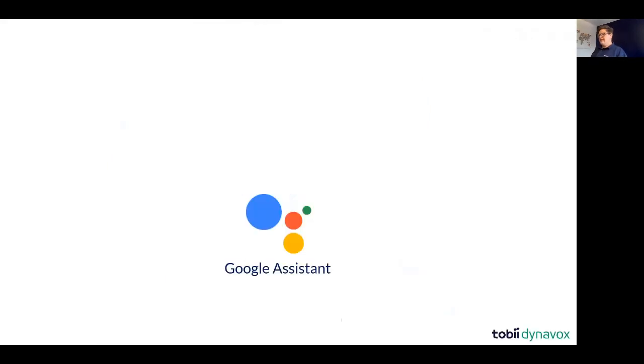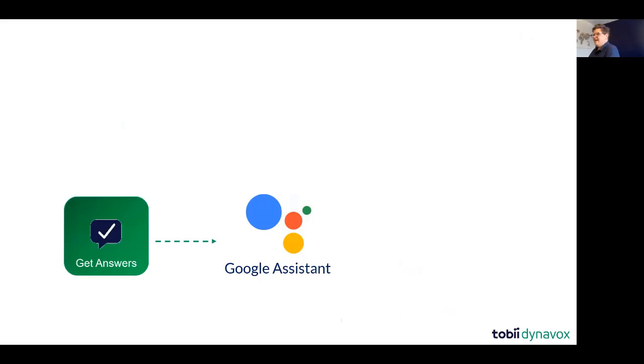So let's take a little bit of a look at what we can do with the Google Assistant. So it's a support tool that allows us to do lots of different activities. So we can do things like get answers. So we might have questions that we want to ask it about everyday events and facts. Or maybe we want to know what time the next bus is into town, so we can use it for that.